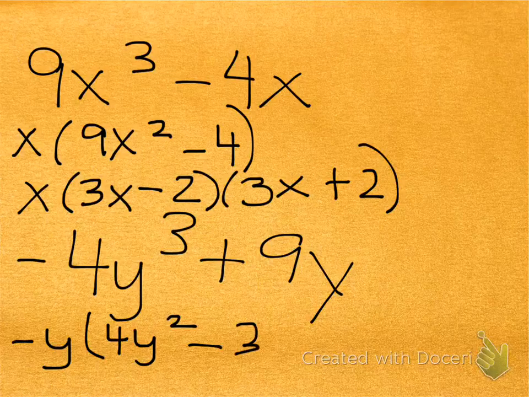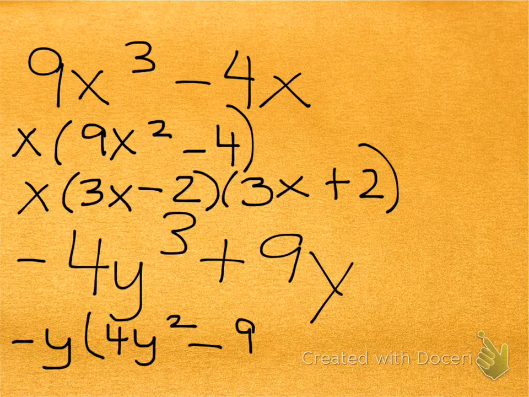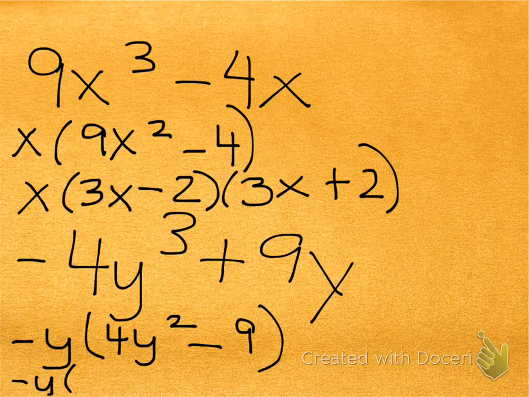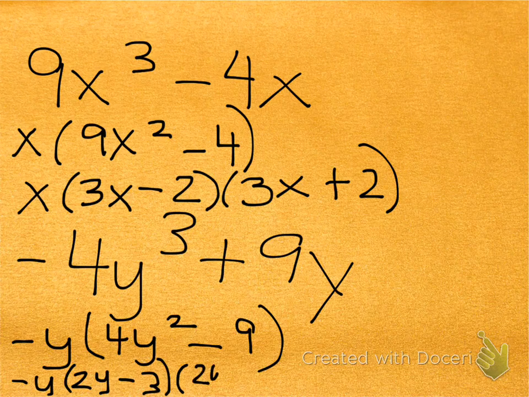So minus 9y, or just 9. And then we're going to look at the parentheses more, and since both are perfect squares, we can keep going. So we're going to split it up into 2y minus 3 and 2y plus 3. And once you get it down to no more perfect squares, you know that you've factored it all.